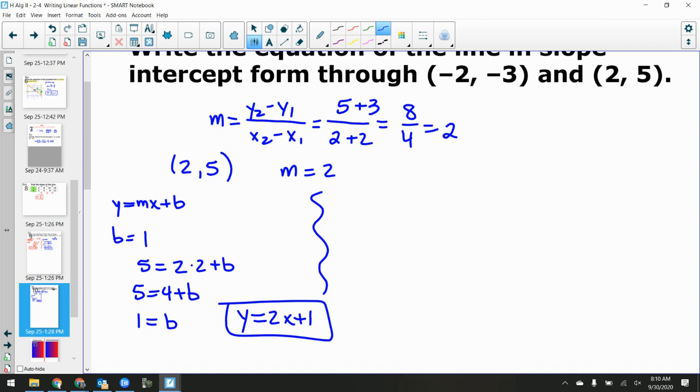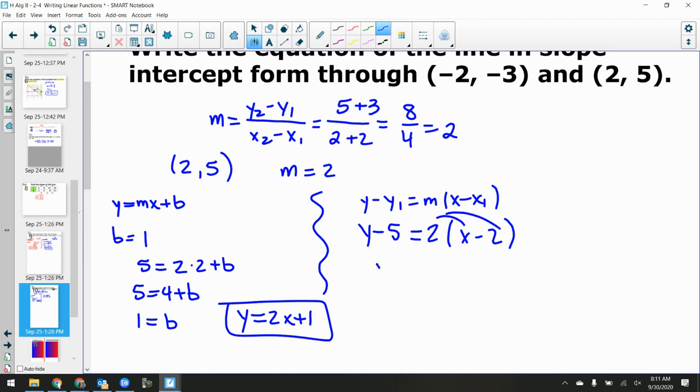Using my point slope method, I would say, again, y minus y1 is equal to m times x minus x1. Y minus 5 is equal to 2 times x minus 2. Right, the coordinate 2 comma 5 with a slope of 2.